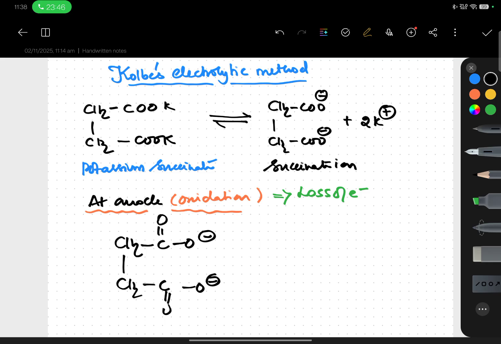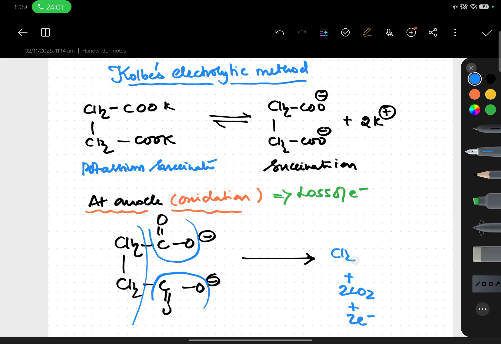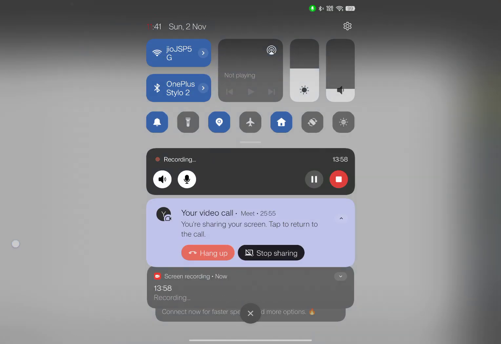Now let us see what is going to come out at anode. These two will join. So you'll get 2 CO2 plus 2 electrons plus CH2=CH2. Please make a note. This is called Kolbe's reaction.